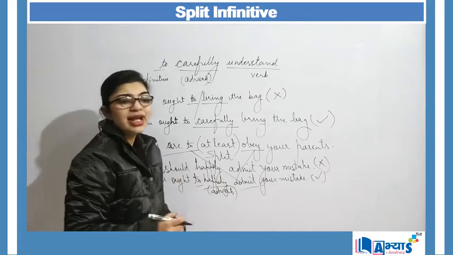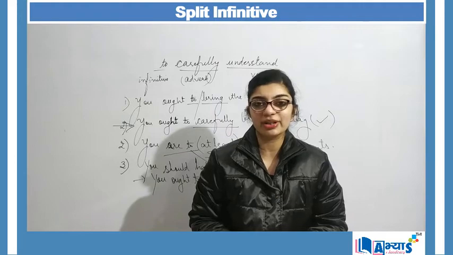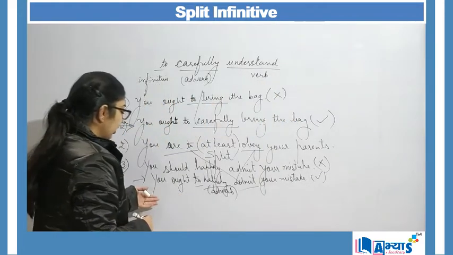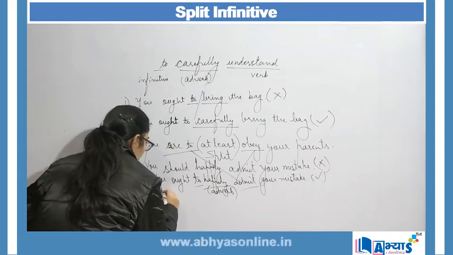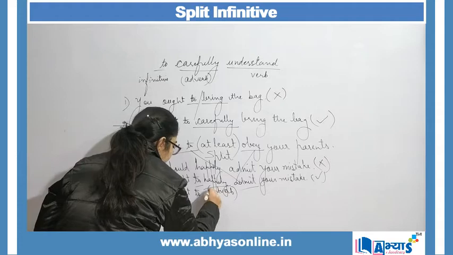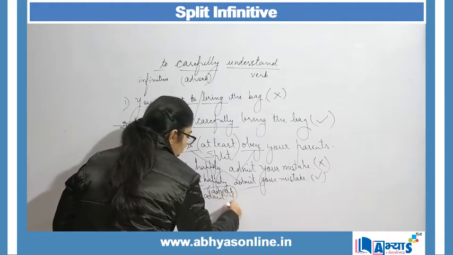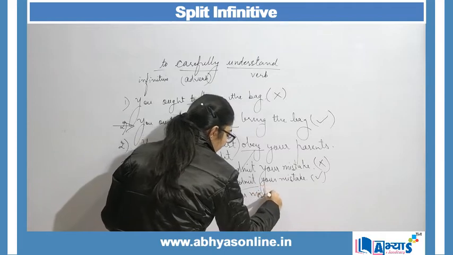But there are certain cases where we can at least avoid the usage of split infinitive. For example, this sentence can even be modified like, "You ought to admit your mistake happily."